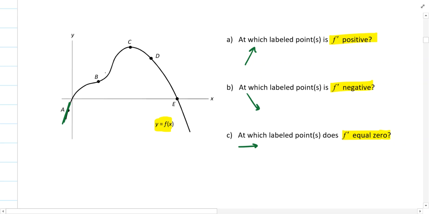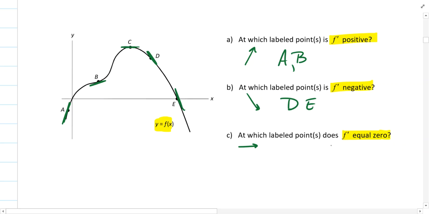For me, I would argue that A and B are both locations where the graph is sloping up. C is a location where the graph is leveling off, and D and E are points where the graph is sloping down. So to say that the derivative is positive at A and B, I think is a good answer. To say that the derivative is negative at D and E is a good answer.